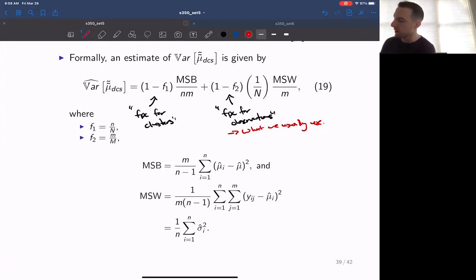So you can see here that we have the yij minus the mu hat i. This is taking the squared difference between the observation in cluster i with respect to its mean. And we get a nice simplification here, and we can show that MSW is equal to 1 over n multiplied by the sum from i equals 1 to little n of sigma hat i squared, where sigma hat i squared would be the traditional estimator of the variance for each of the clusters.